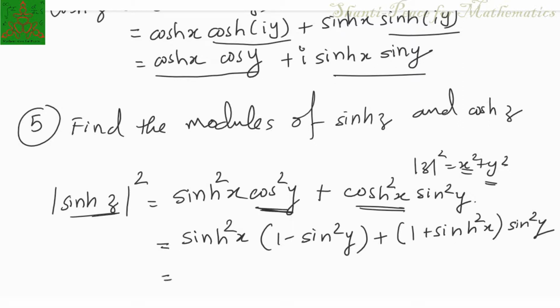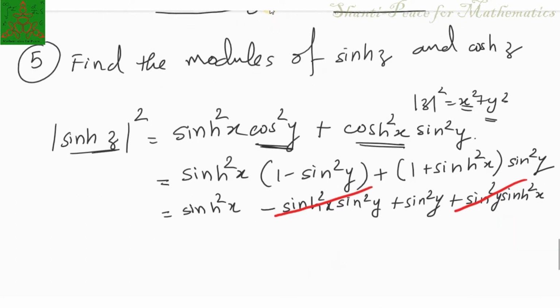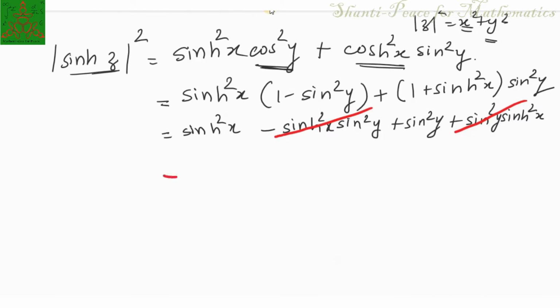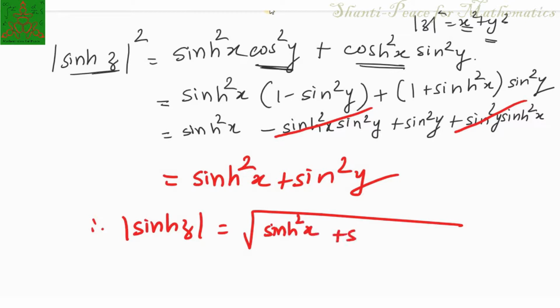If you simplify this, it will be sine square hyperbolic of x minus sine square hyperbolic x sine square y plus sine square y plus sine square y sine hyperbolic square x. You just observe that this term will cancel with this term. So finally, the modulus of sine hyperbolic of z will be under root of sine hyperbolic square x plus sine square y.